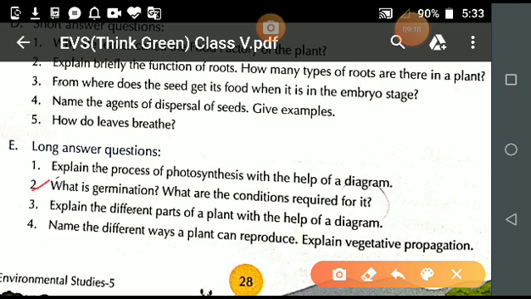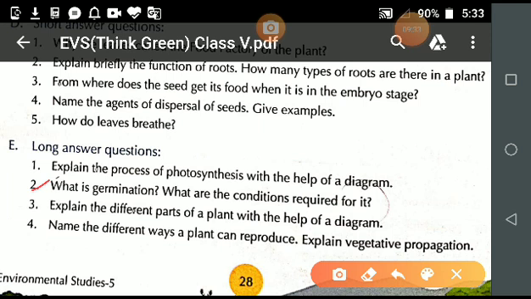This condition arises when the root comes in touch with the soil. In the case of germination, students, the first part which comes out is the root.